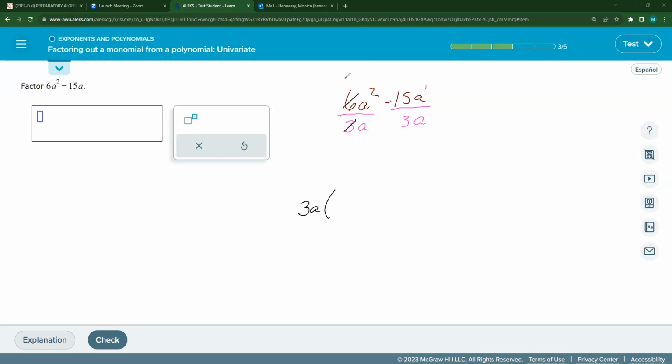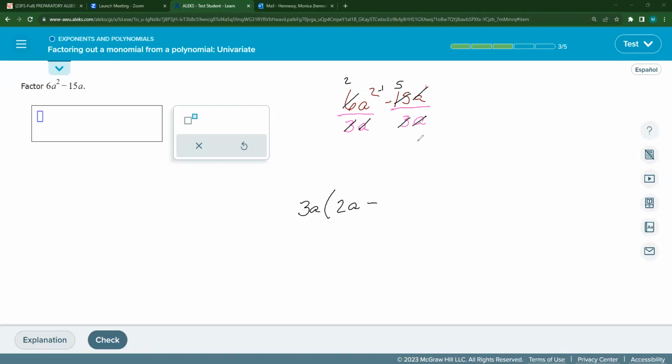3 goes into 6 twice, so I have a 2. There are more a's up on top, so a to the second over a to the first. There is just going to be 1 left over, so it'll be a to the first, which is just a. And then a negative divided by a positive is negative. 15 divided by 3 goes in there 5 times.